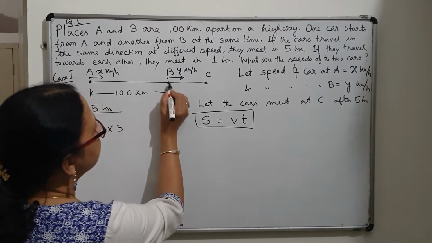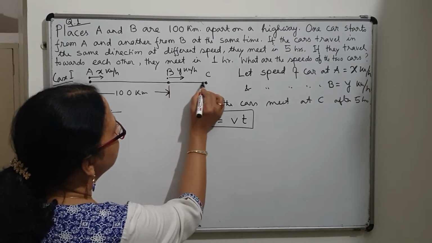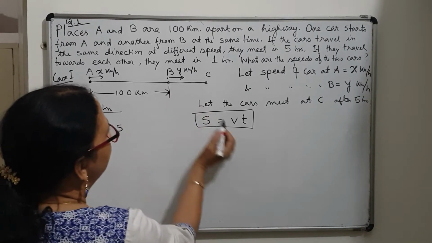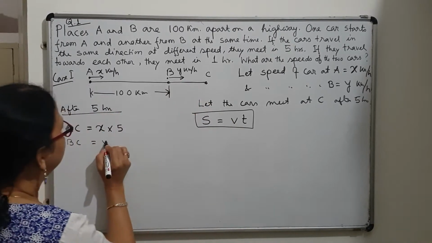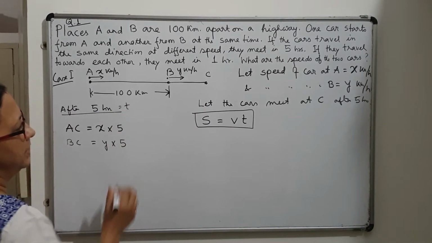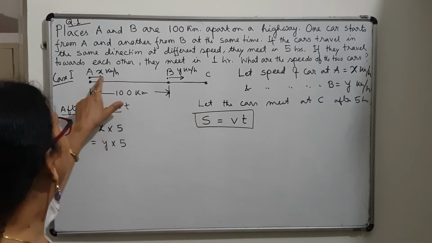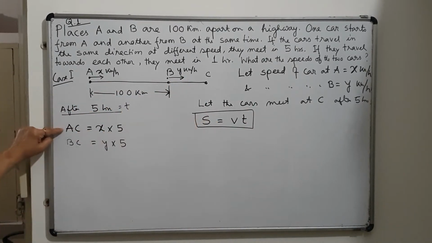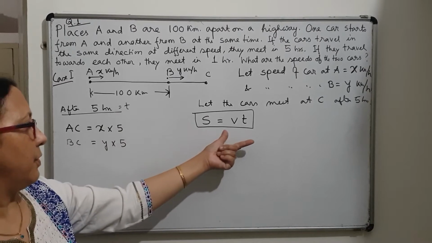Similarly, the distance traveled by the car at B will be BC, so BC will be speed y into the time taken, 5. Here the V is x and y for the two cars, the distance S is AC for car A and BC for car B. So this we get from this formula.